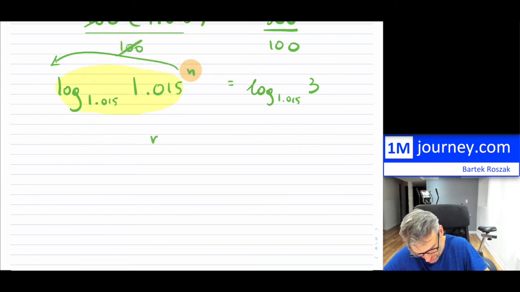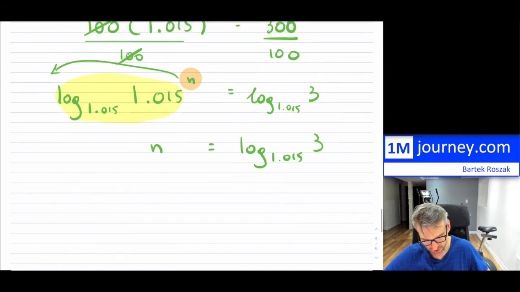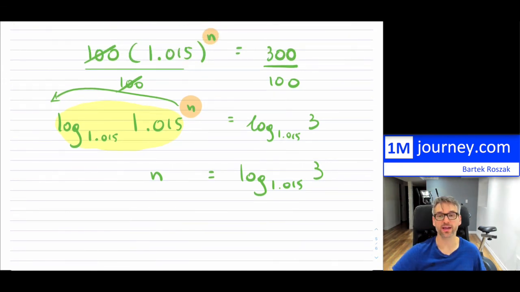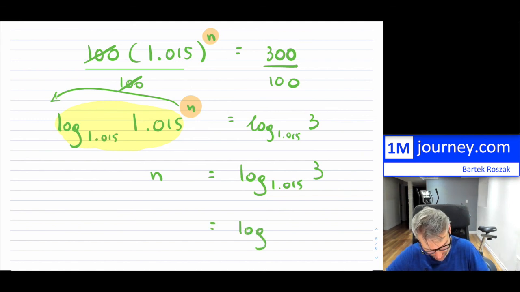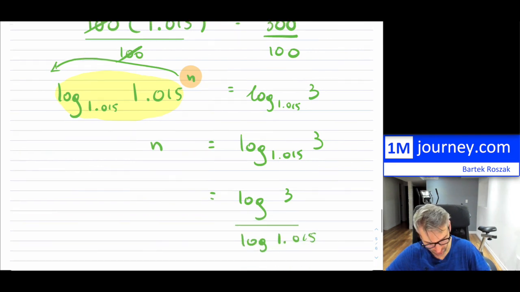So that equals n equals log base 1.015 of 3. That shouldn't surprise you, because that's just the equivalence between a log and the expression as an exponent. Now you can use whatever you like. In this case, let's use base 10, so log of 3 divided by log of 1.015, and we'll get our n.